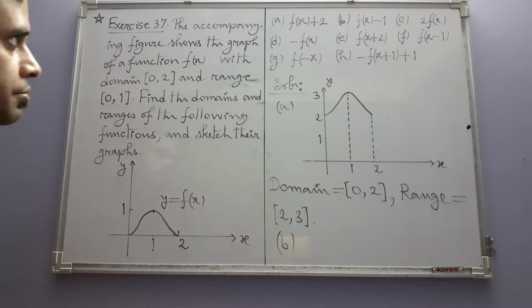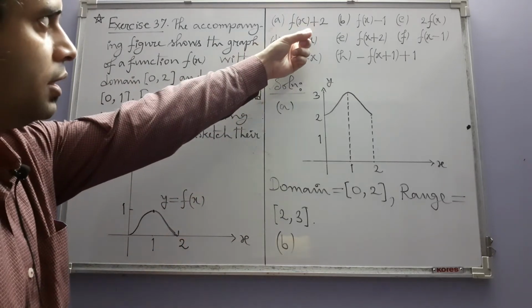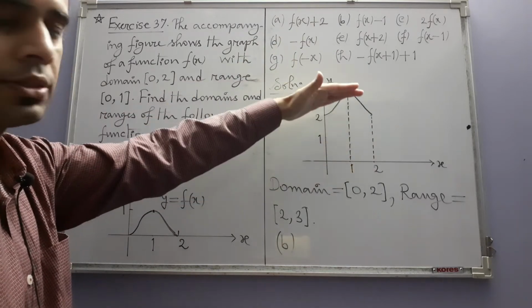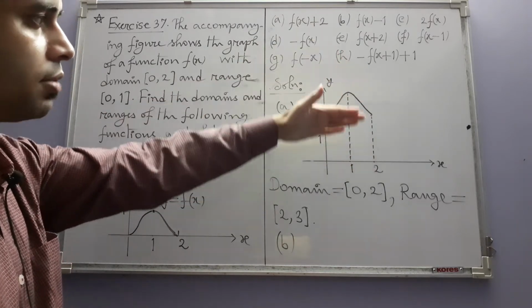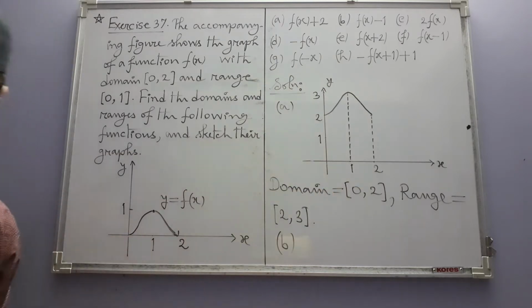Then B. There we had plus 2, so the graph went up. Here we have minus 1, so it will come down, by 1 unit. So let's draw that also.